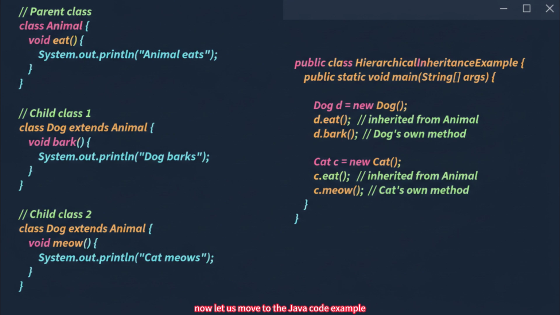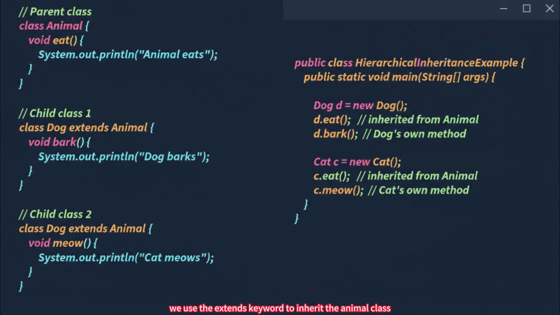Now let us move to the Java code example. First, we create the parent class called Animal. Inside this class, we have a method called eat. This method simply prints "Animal eats". This method will be shared by all child classes. Next, we create the first child class, Dog.